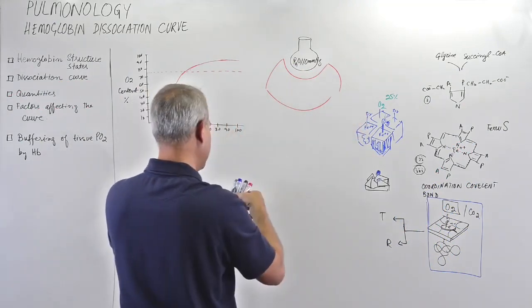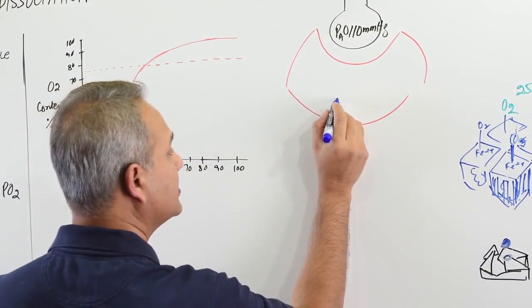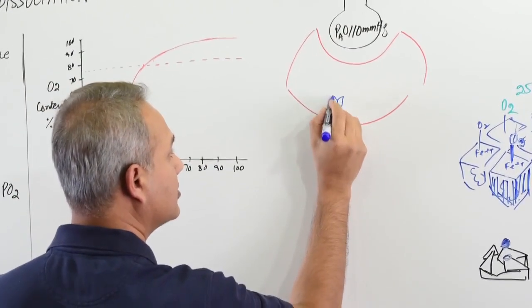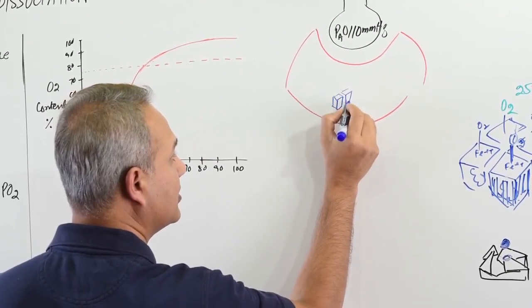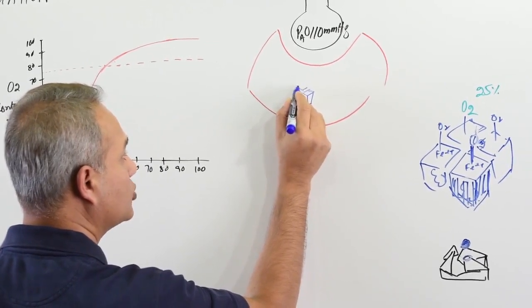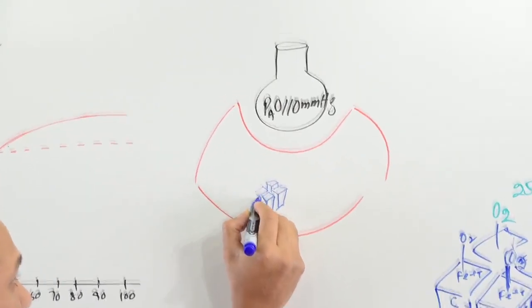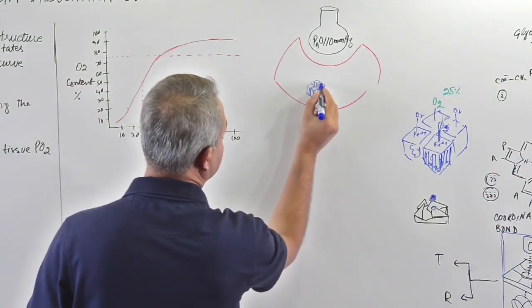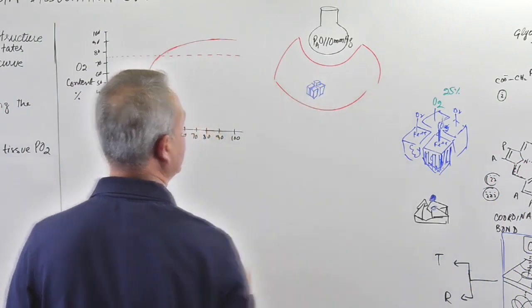And this capillary has hemoglobin sitting here. So let's say this is 1 unit chain, this is the second chain, this is just one molecule of hemoglobin, and this is the fourth chain. So it has 4 subchains. This is one molecule of hemoglobin, right?